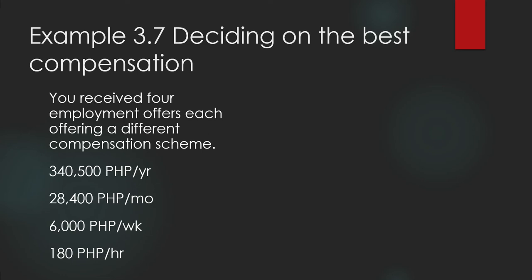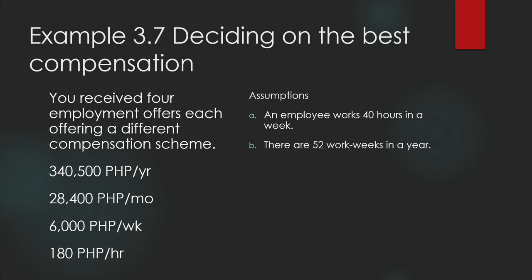But these schemes are not exactly comparable, because they are presented to you in different units of measurement. This one is income a year, the other is income per month, this one is income per week, and this one is income per hour. So we have these assumptions: an employee must work 40 hours in a week, and there are 52 work weeks in a year.